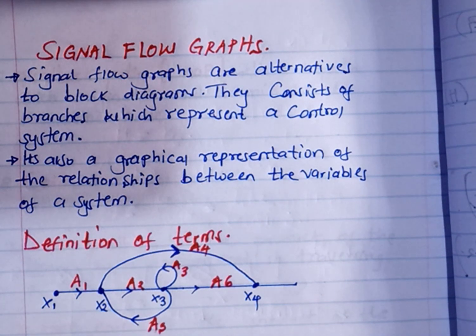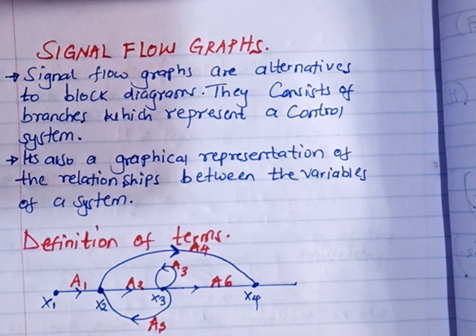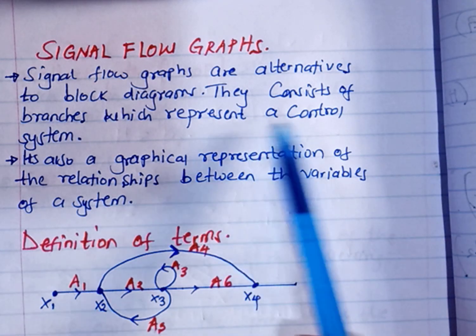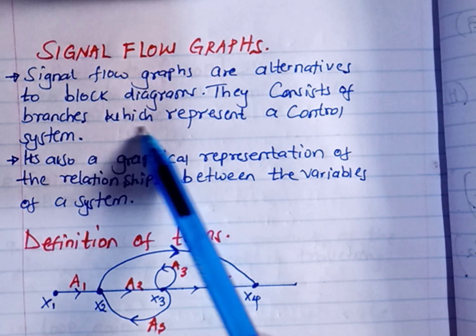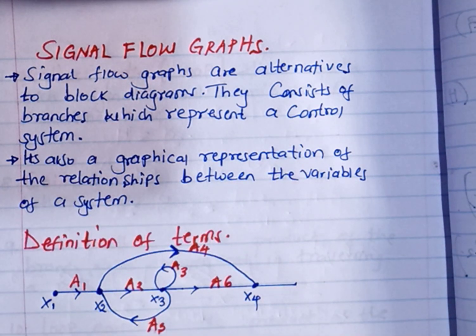In today's lesson, we are going to look at signal flow graphs. Signal flow graphs are alternatives to block diagrams, and they consist of branches which represent a control system. That's what we call a flow graph.